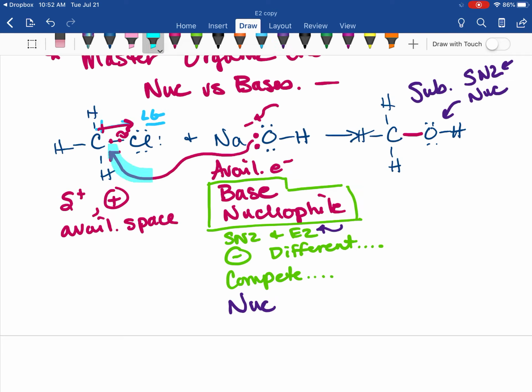Okay, now what made this a nucleophile? Look at the bond we formed right here. That bond was to carbon. That bond to carbon means this was a nucleophile. If that bond had been to a hydrogen, it would be a base.